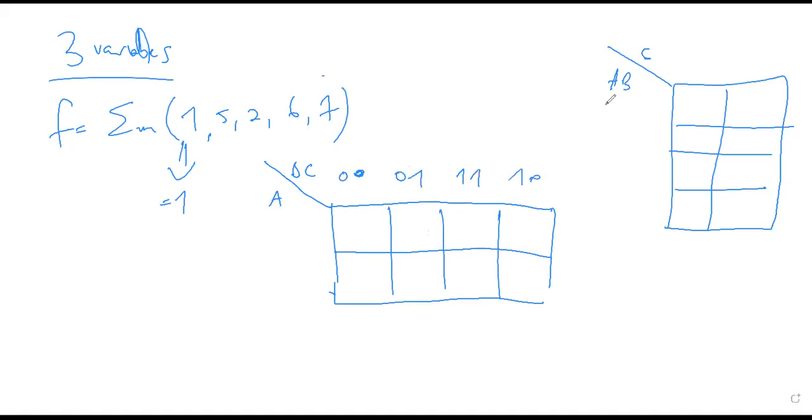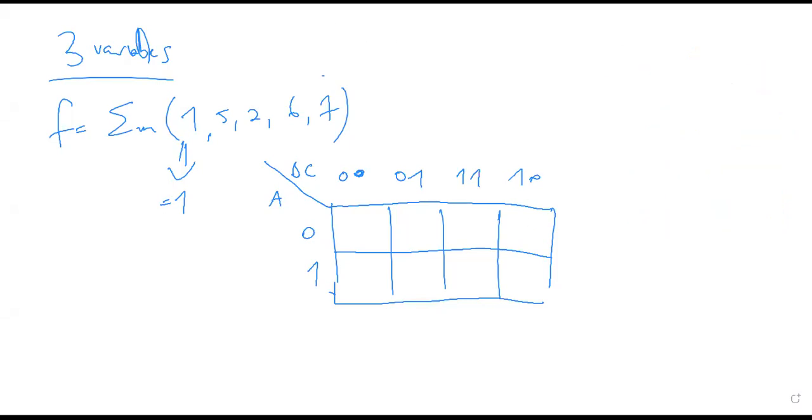It will be the same for this one. This is 0, this is 1. You will come up with the same answers. Whoever taught me preferred this one and it got stuck.